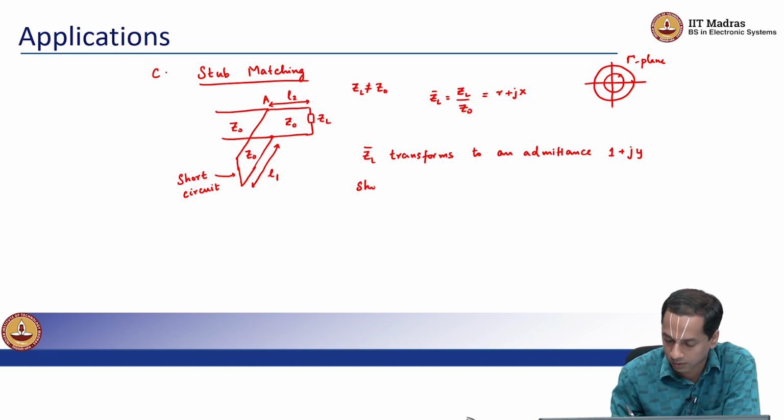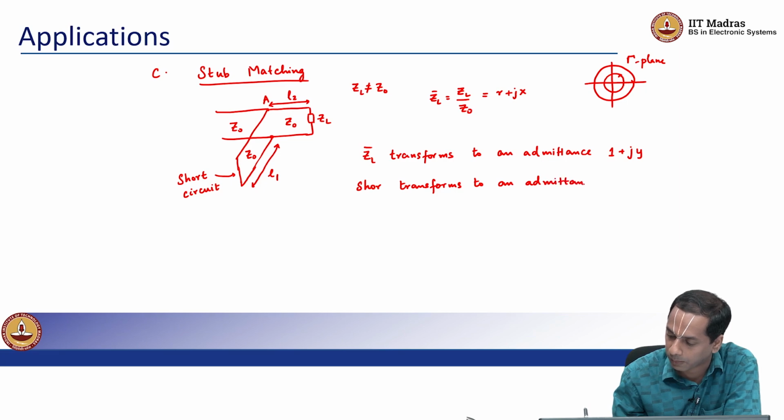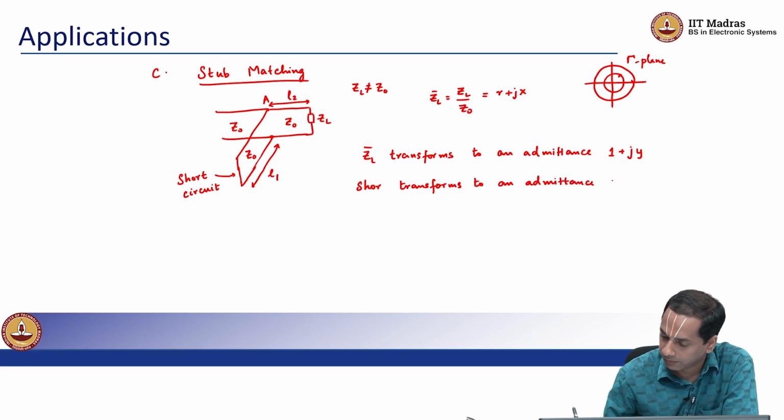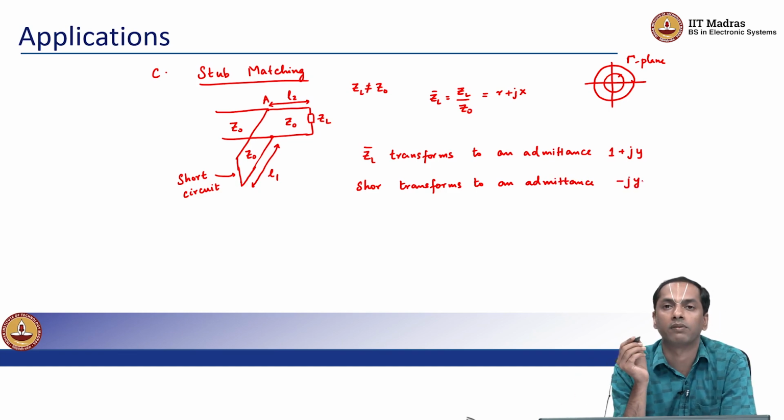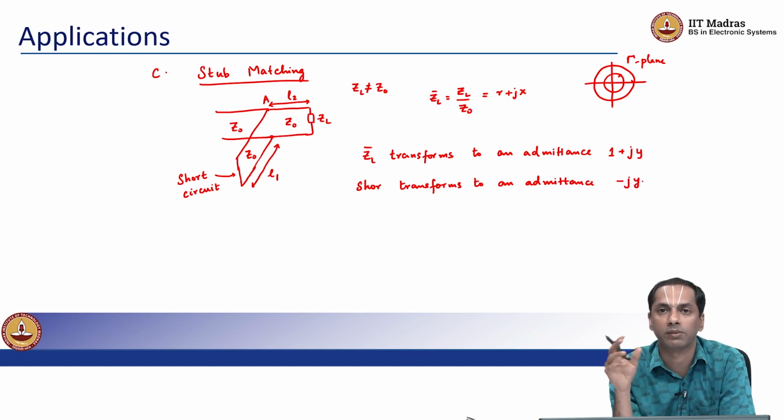So the short transforms to an admittance. It's convenient to work in admittance because these transmission lines are in parallel, and when admittances are in parallel, I can simply add them.